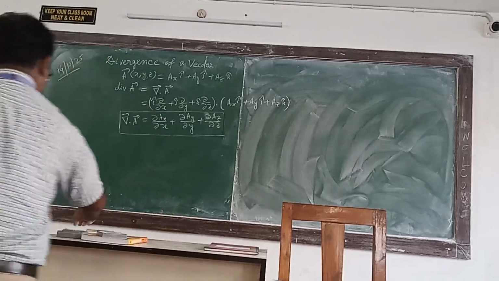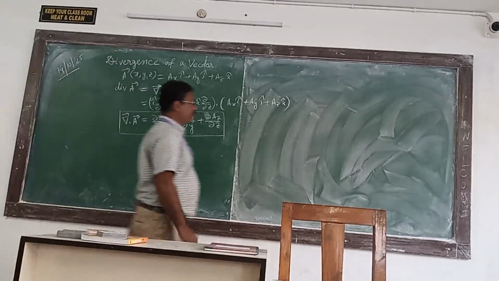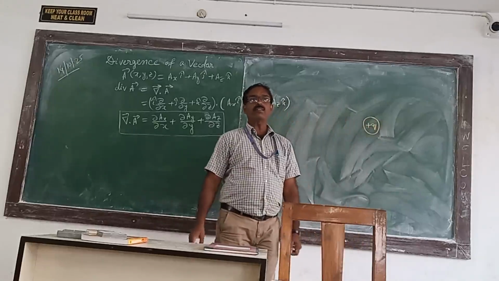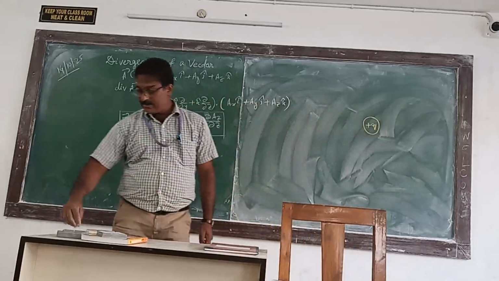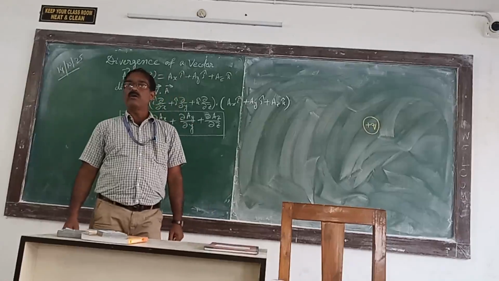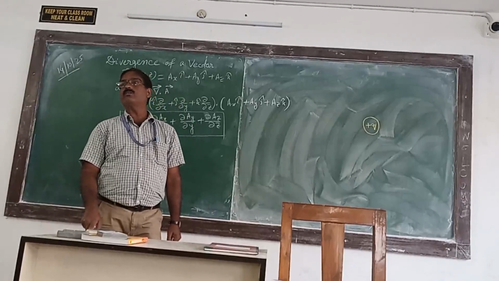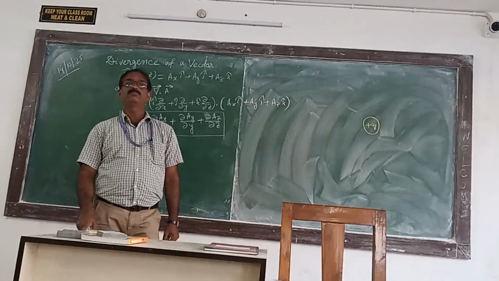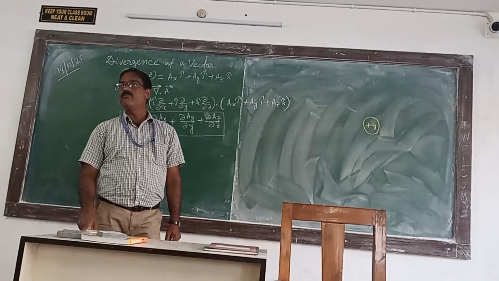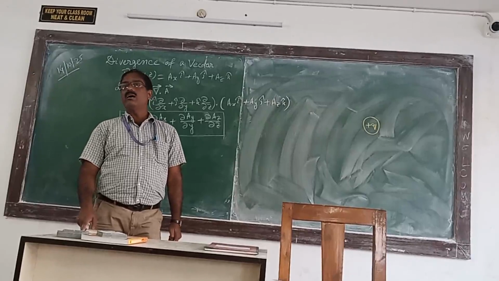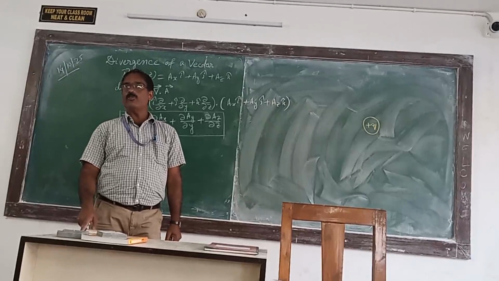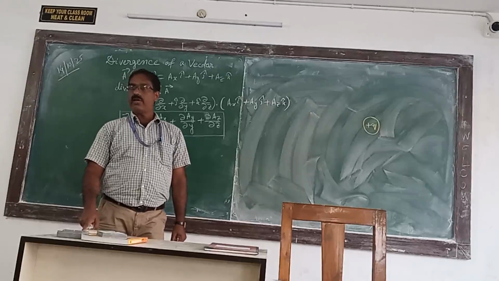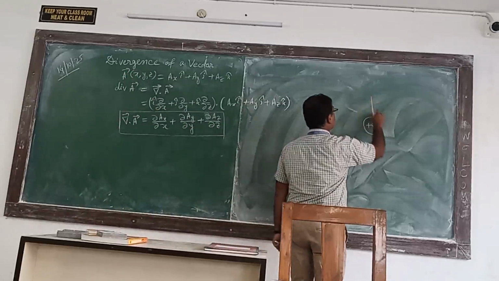So, if you take a positive charge plus Q, what is the direction of the electric field from the positive charge? From a positive charge, the electric field is coming out. So the electric field is like this.